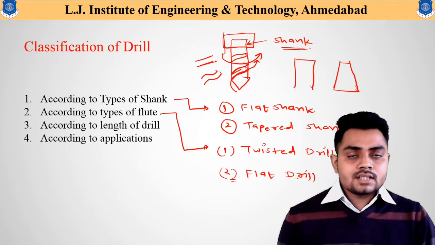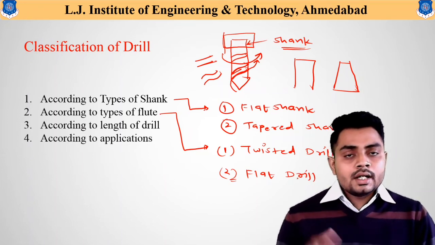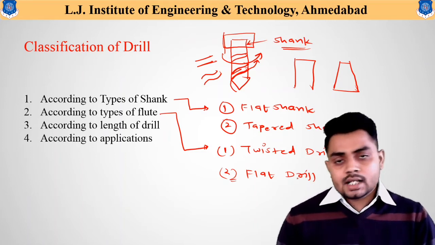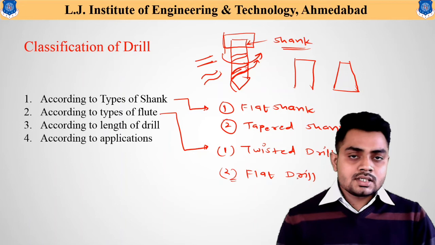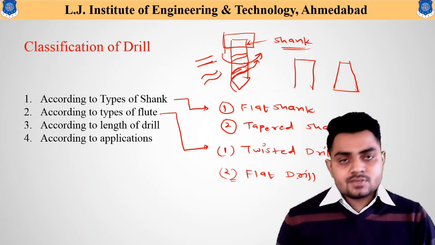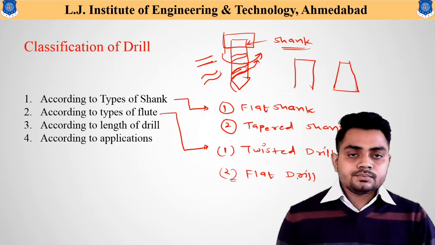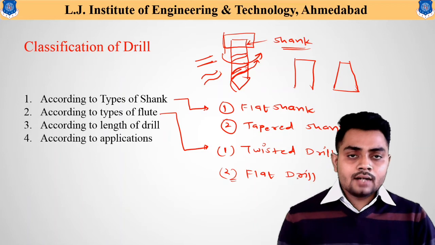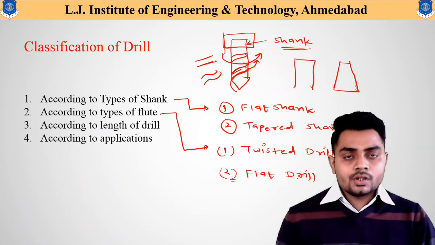That division is called according to the application of the drill bit, and there are very different varieties of applications available based on the drilling machines, and that application we will discuss along with the different types of drilling machines. So this is all about the different classifications of the drill.